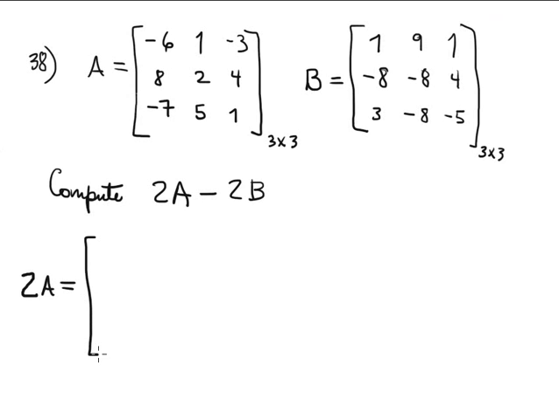2A is multiplication by 2 of every entry inside A. The entries are 18, negative 12, 2, negative 6, 16, 4, 8, negative 14, 10, and 2.